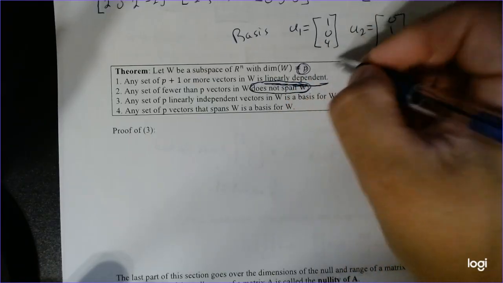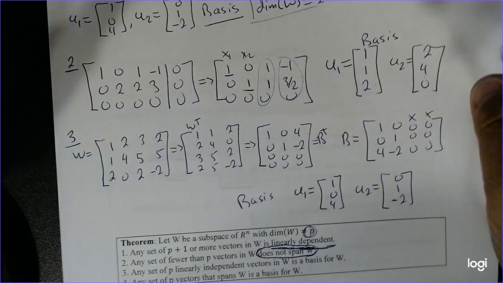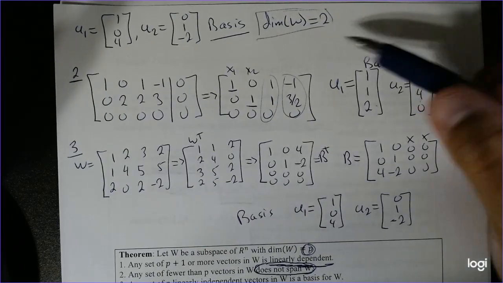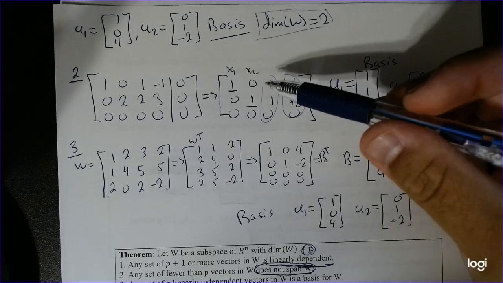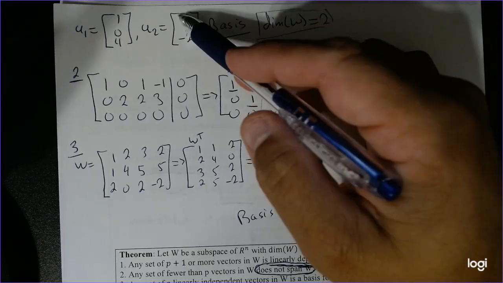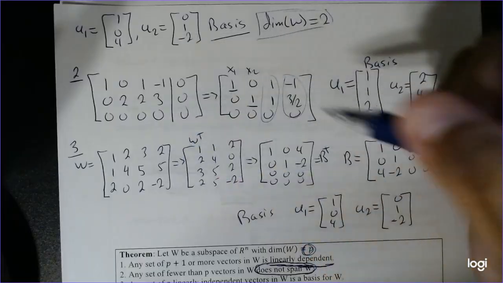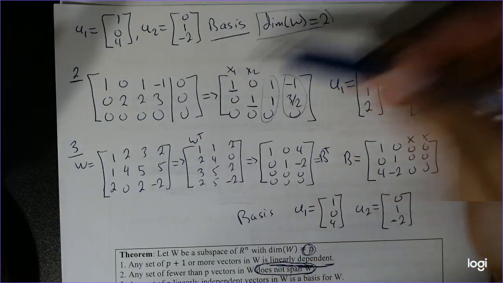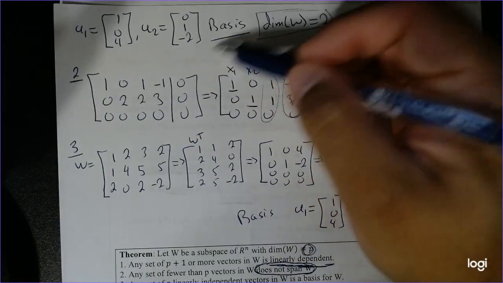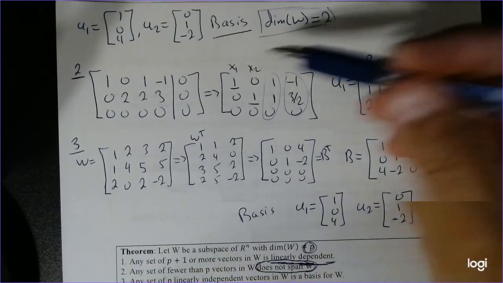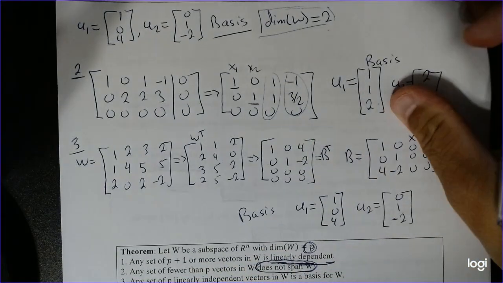So for example, back over here, if we just take one of these out and just have dimension 1, it doesn't span the entire W. That would be a big no-no. However, if I add another vector here, let's make it dimension 3, which is what this represents here, there will also be linear dependency, meaning it won't be an actual basis. Okay.